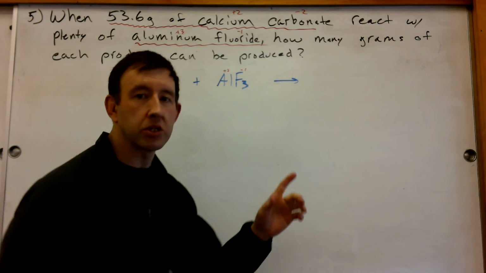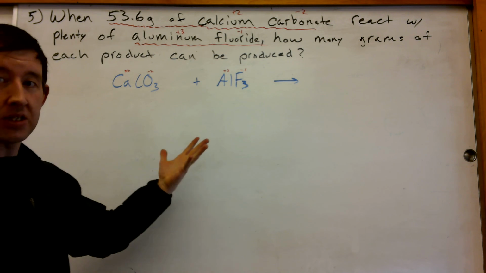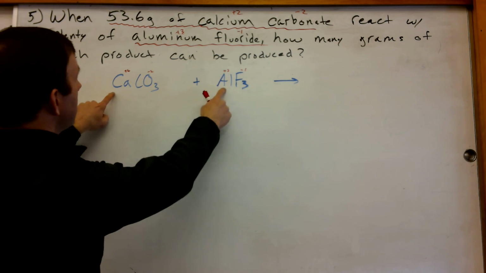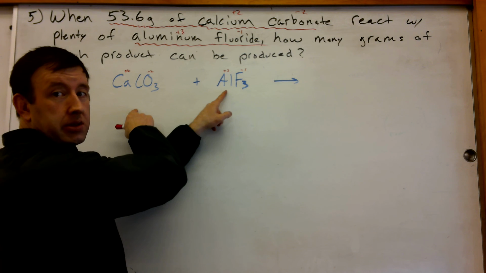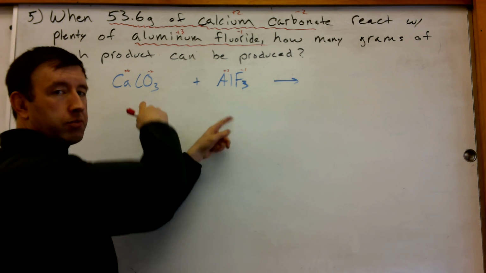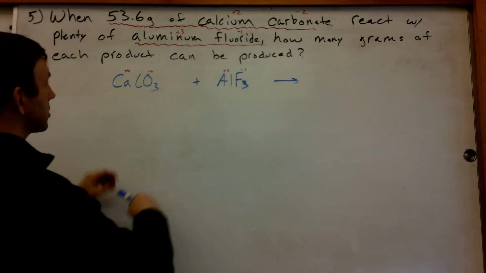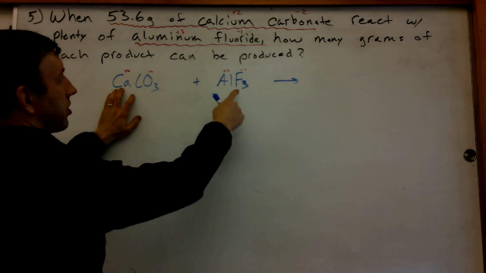I'm not going to spend too much time on this because that's last chapter stuff. If a reaction does occur, that means calcium and aluminum are going to swap places. A plus will always replace a plus, or you can think of it as a minus replacing a minus. It doesn't really matter in this case. So for my products, I'm going to put calcium with fluorine.